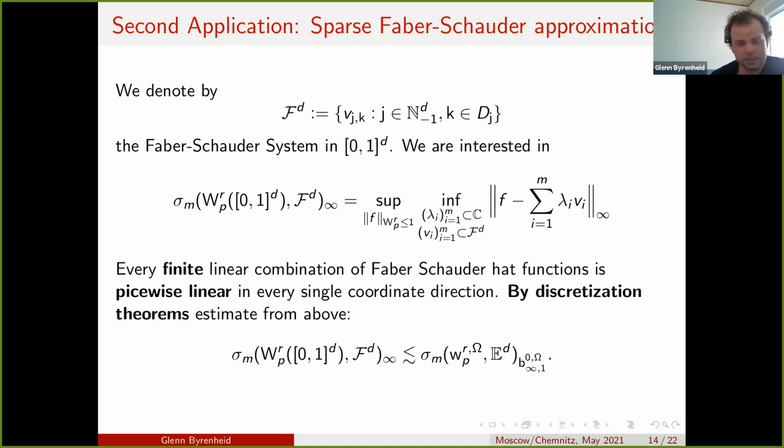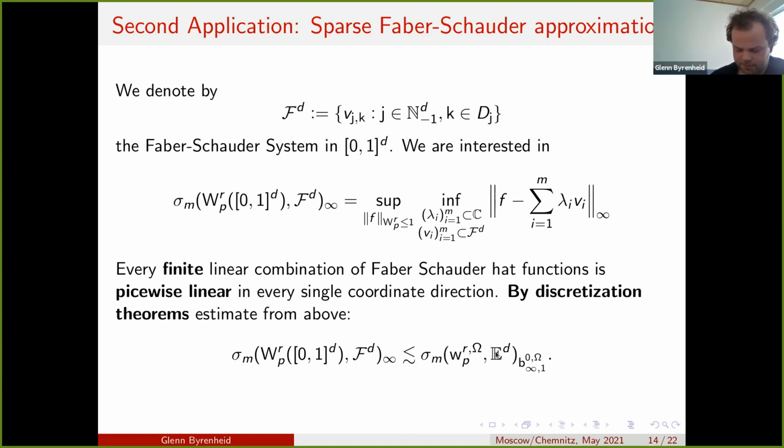So this discretization theorem from above, where we had some equivalent norm: we have a function in Sobolev space of dominating mixed smoothness, and we can equivalently describe this by a sequence space of the Faber-Schauder coefficients. This allows us to discretize the problem of best m-term approximation in the function spaces to a problem of best m-term approximation in sequence spaces.